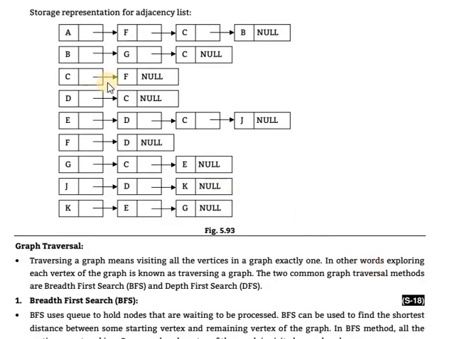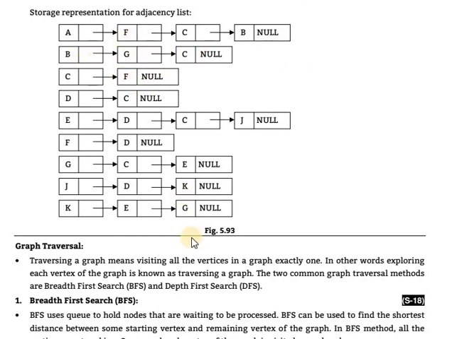After this is the storage representation of the adjacency list. A to F, C are there. B has no adjacent node, so write null, as in the previous example. B to G and C are there.